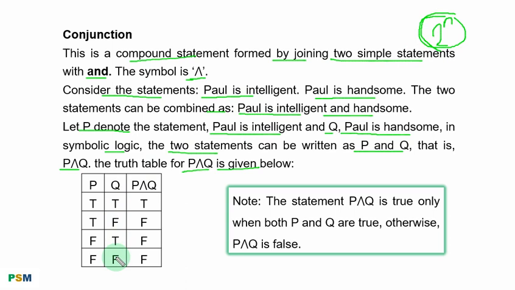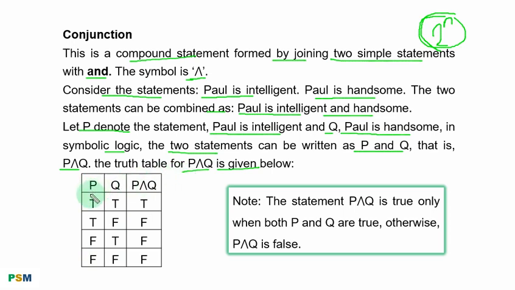You move from right to left. You come to P. Here T, F, T, F. P will be T, T, F, F. That is the pattern: 1 to 1, then 2 to 2.